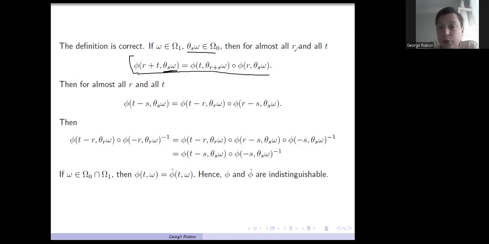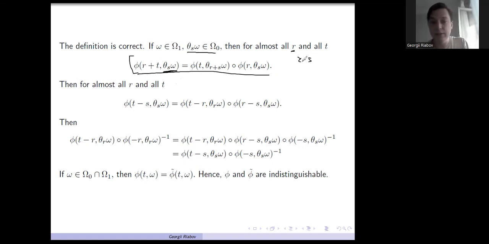It is true for almost all r. In particular, we can replace r with r − s, since Lebesgue measure is shift invariant, and it will also be true for almost all r.